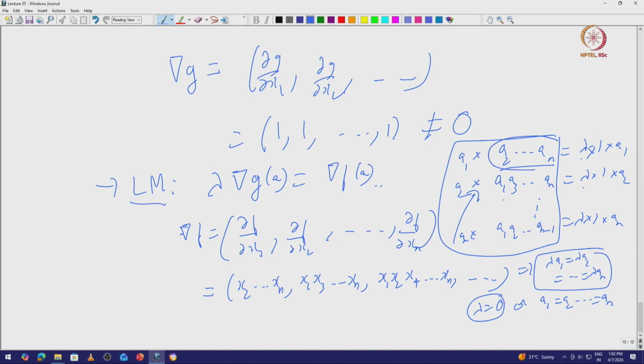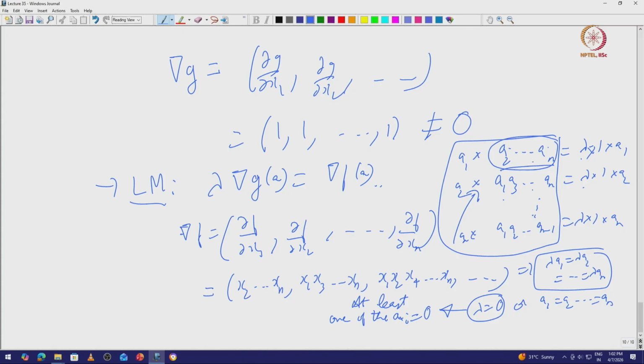If this is 0, one of these must be 0, right? Now if one of these is 0, if any of them is 0 rather, so if this is the case, at least one of the ai are 0.